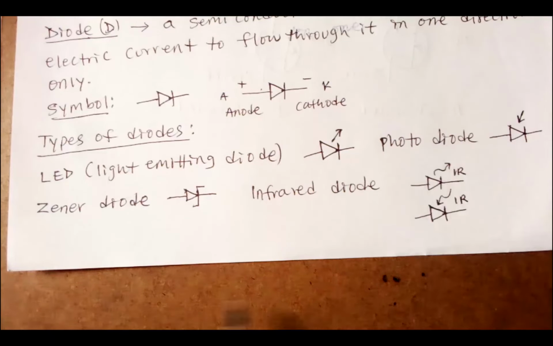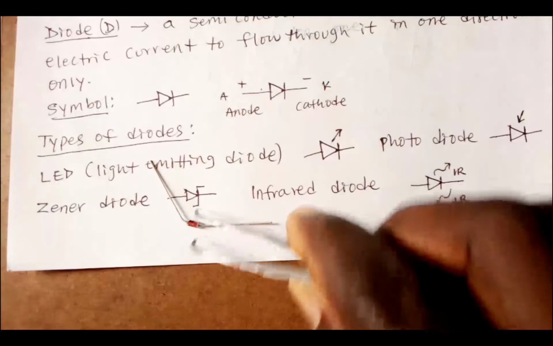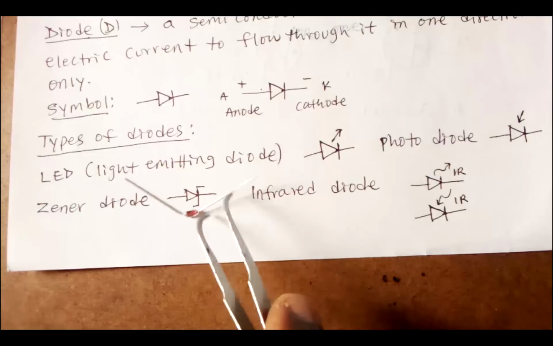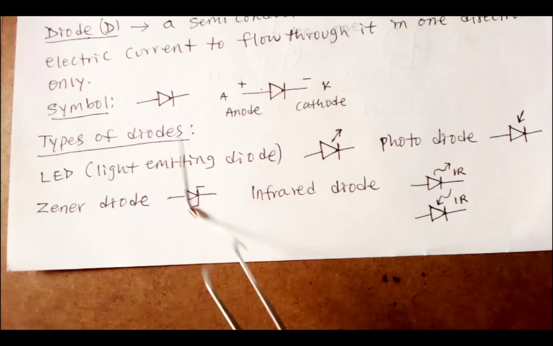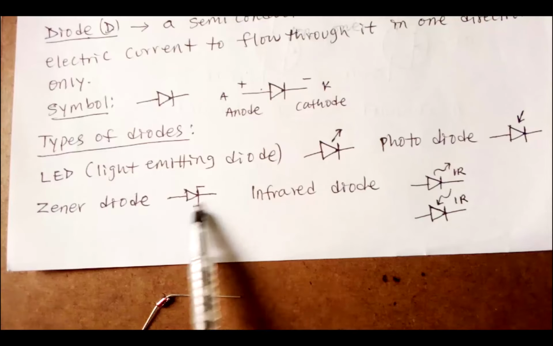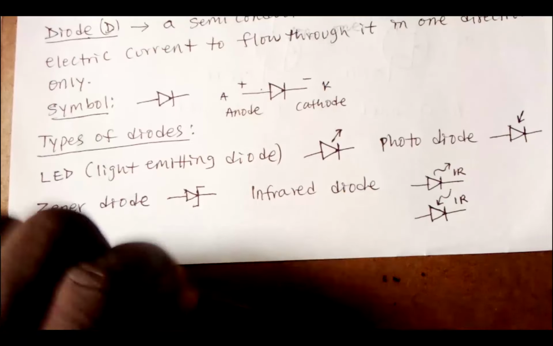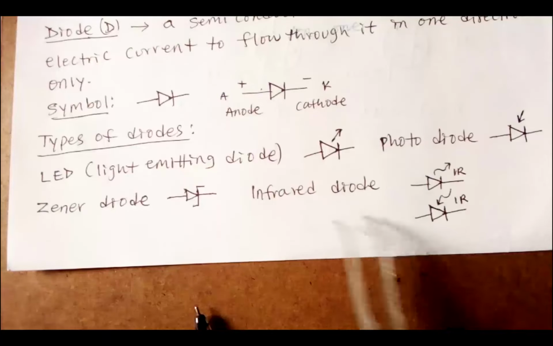So that's photodiode. Then we have Zener diode. We have a Zener diode here. This is a 5.1 volt Zener diode. You can see the symbol here. So this is a Zener diode. You understand? Then we have infrared diode.